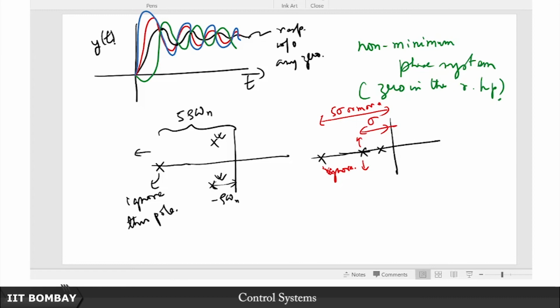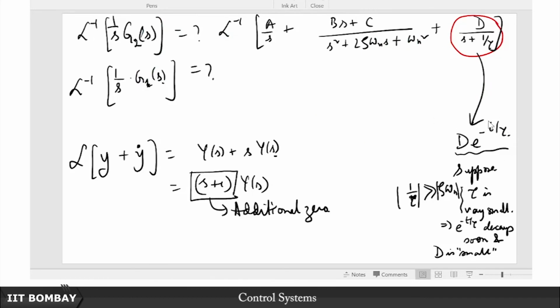Even if this so called 5 sigma rule, which I am christening, is not met, you might still sometimes be able to ignore additional poles and zeros. When is that possible? Recall, there are two factors that allow us to ignore the effects of the additional mode. One, the fact that this exponential term decays very soon.